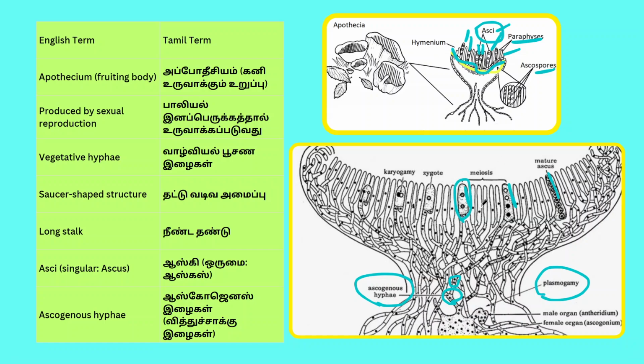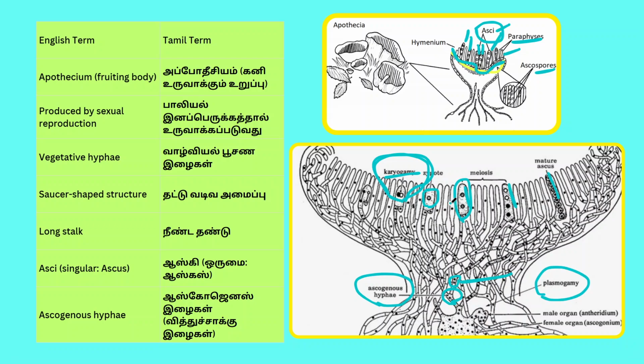And now in this particular ascus, karyogamy is taking place. That means these two nuclei which were lying close to each other without fusion are now getting fused inside this ascus. We call that karyogamy, the fusion of these two nuclei. Karyo refers to nucleus, and then it forms a zygote.